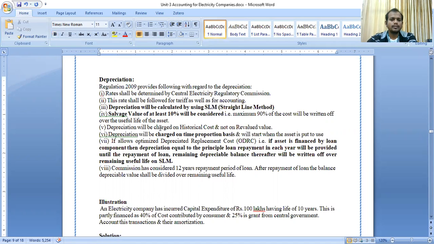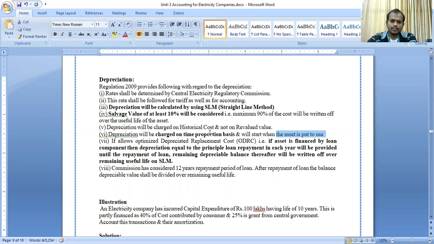Depreciation will be charged on historical cost and not on revalued value. It will be charged on time proportion basis, and will start when the asset is put to use.